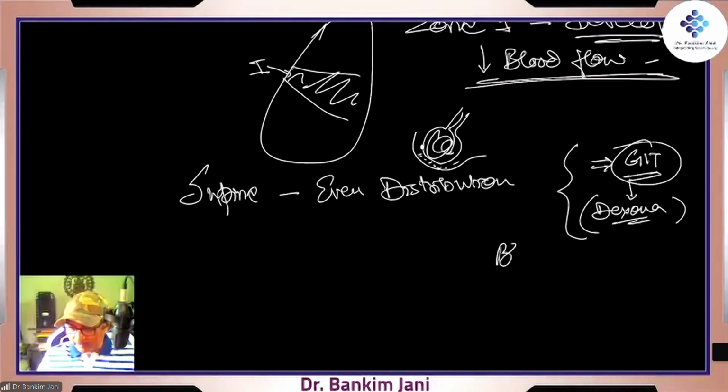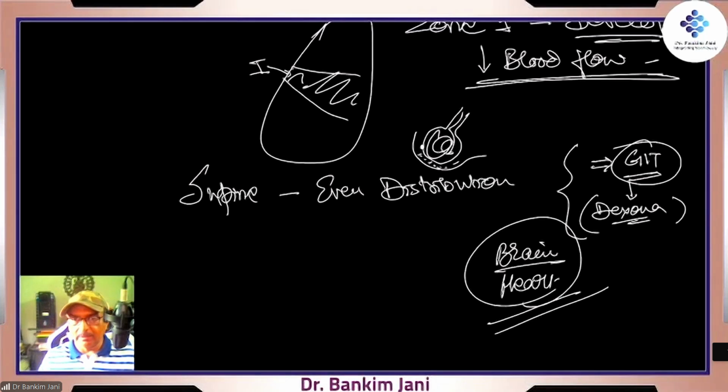The body would say that brain and heart should really work, to hell with the rest of the body. So brain and heart, this is why people collapsed in COVID-19. The infection was there, but what about the brain and heart? They were not getting sufficient food. Gradually they start dying, and that leads to multi-organ failure.